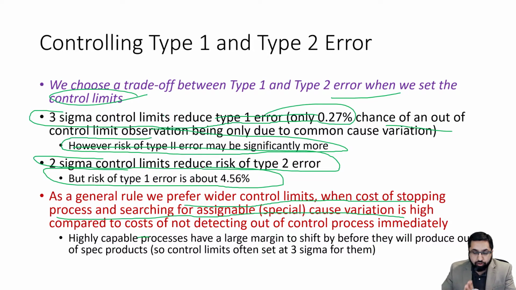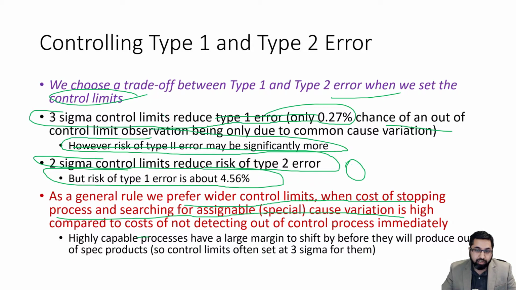Imagine you have a continuous flow process. You are running an oil refinery. You are extremely rich. You control the oil supply to the whole world. Okay? And you don't want to stop the refinery when there's no problem. You don't want to because stopping and restarting the refinery takes hours, is a huge cost. Then you want to avoid type 1 error.